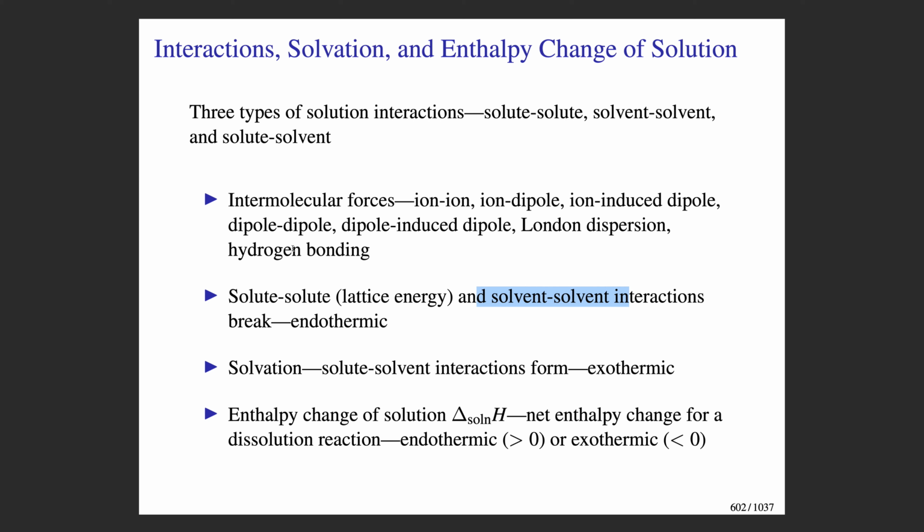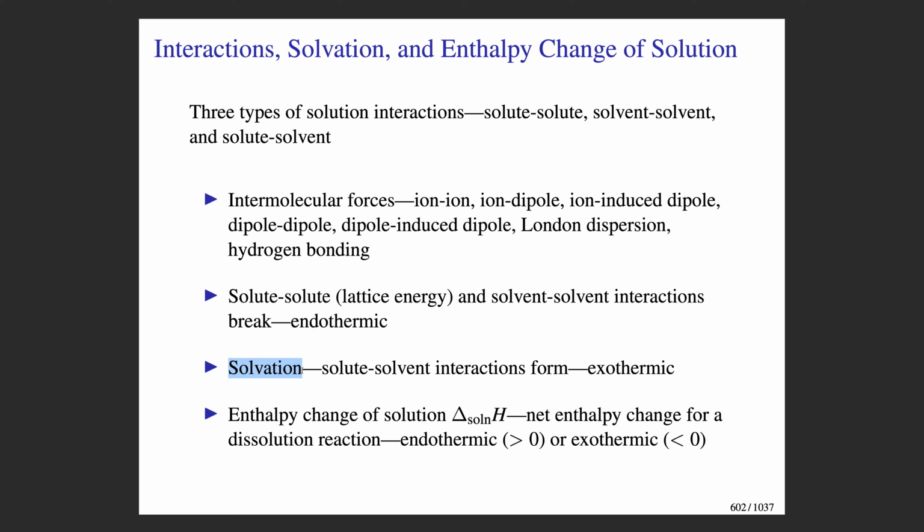Okay, so the bonds that keep the solute together, that keep the solvent together, you have to overcome those bonds. And whenever you break a bond, whether it's an intermolecular bond or a covalent bond or an ionic bond, it always costs you energy. So that's an endothermic process. So when you break these solute-solute and solvent-solvent interactions, that's going to raise the energy of the system.